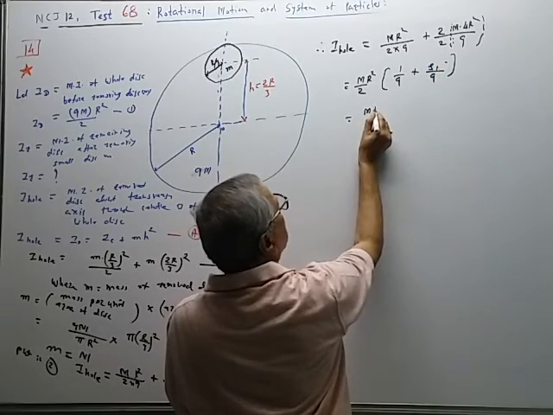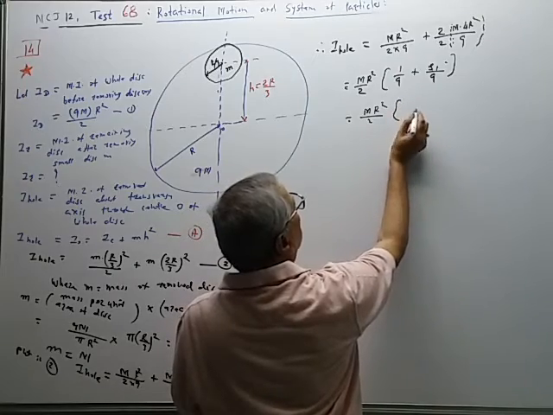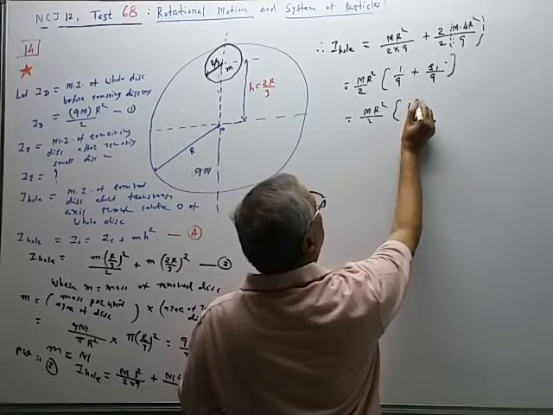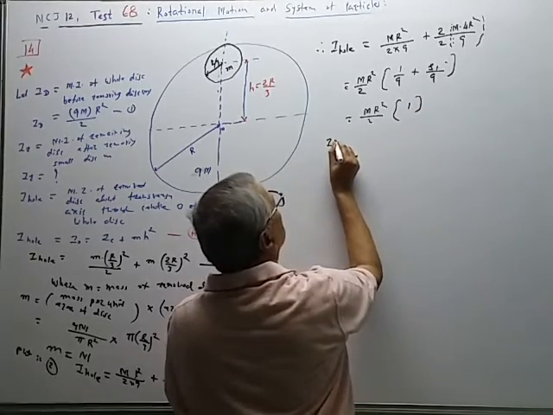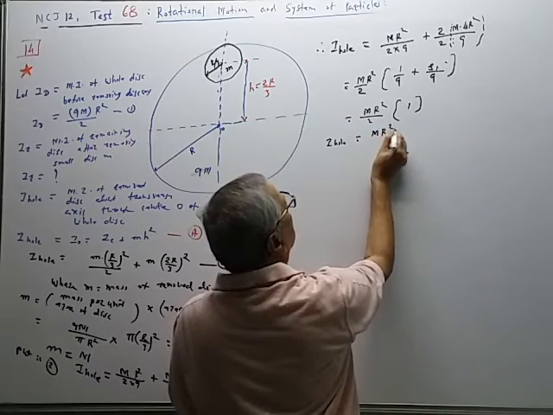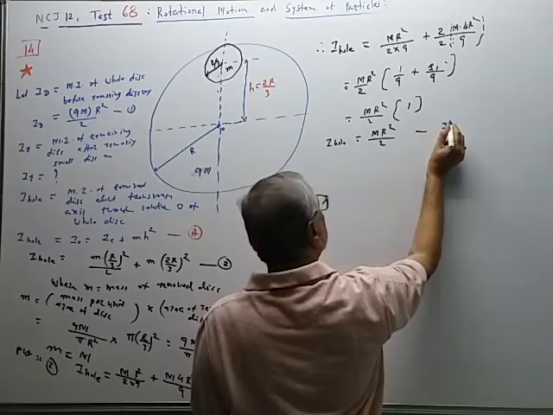So this is equal to M R square by 2 into 9 by 9, that is equal to 1. So I removed is equal to M R square by 2. So this is equation 3.